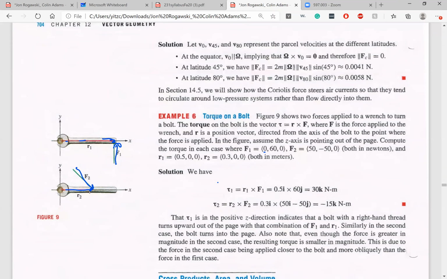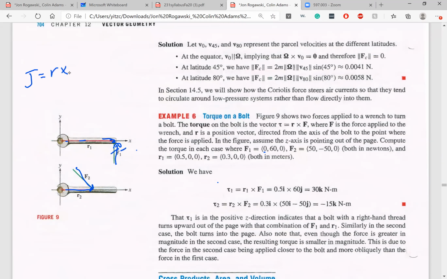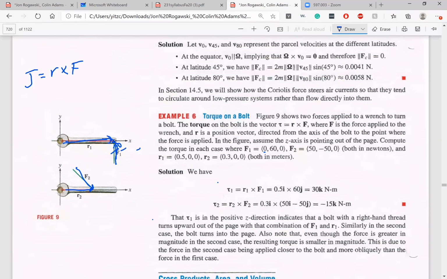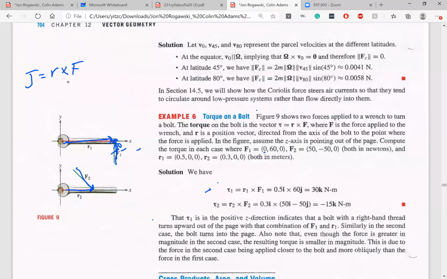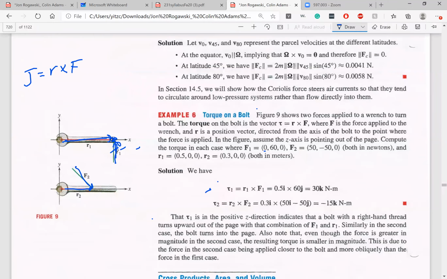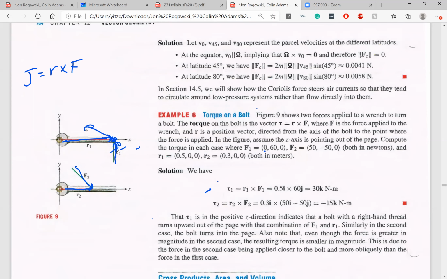The torque is just defined to be R cross F. Because it's the cross product, it will be orthogonal to both of these vectors, so it will be pointing out of the page, at least in this direction.